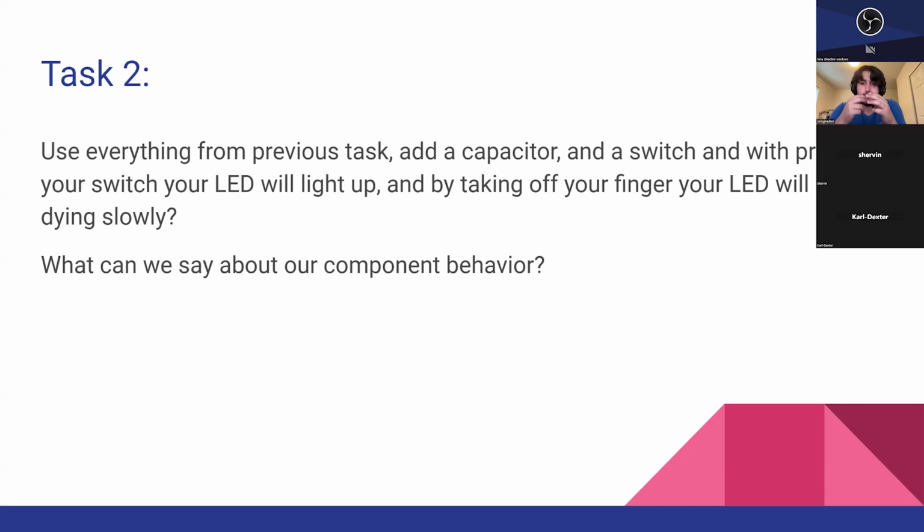Could you explain that again? Okay, so the way it works is that you're gonna use a switch now and a capacitor, right? Your switch is there to supply positive voltage to your MOSFET. So it turns it on, and your LED lights up, okay? In task 1 you can implement the switch too if you want to. But when you switch it off in task 1 or you take off your 5 volts, the MOSFET is still on.